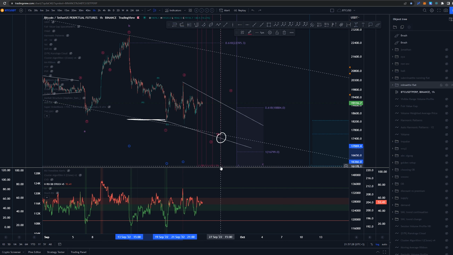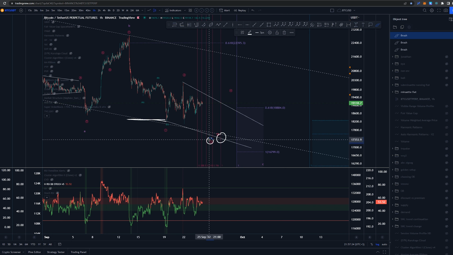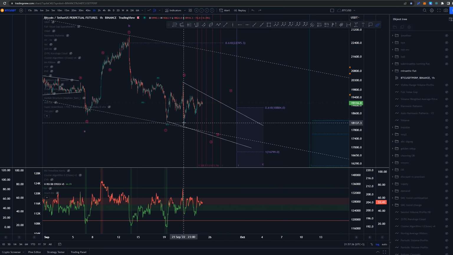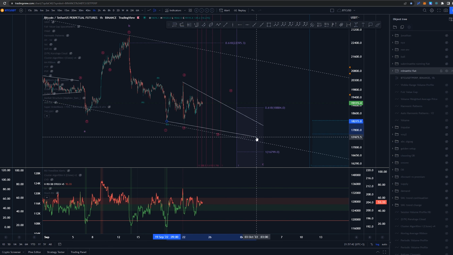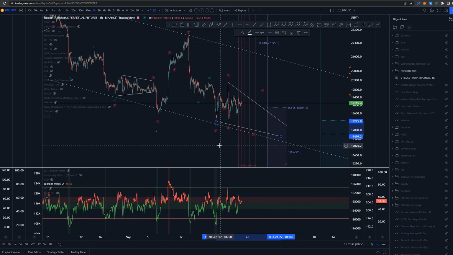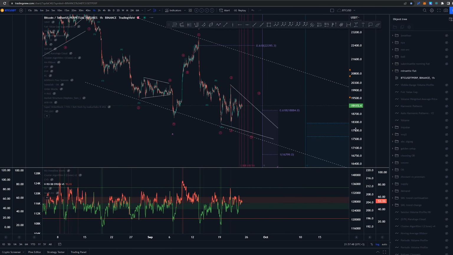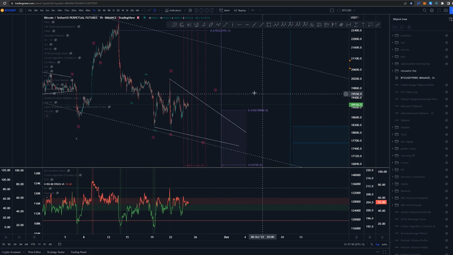So 1-to-1 in time, the 27th of September would be the last area we want to see the wave 3 formed. If we have not created a new low beyond this, at that point, at the latest, we can call the wave 3 here and pull the lower trend line like so. It is a very small sloping structure if that would be the case, but again, it is possible.